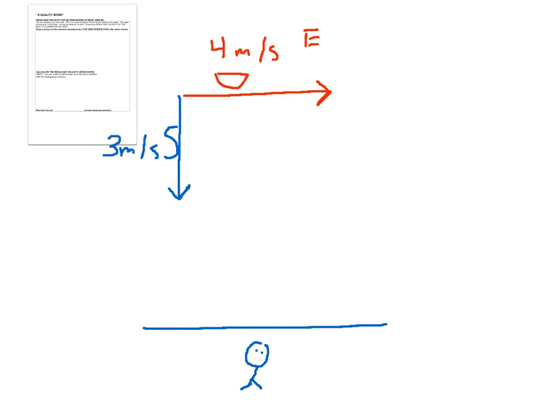If you're on the land right here with a radar gun and you radared the boat, you wouldn't get either of these numbers. Because they're not going the same direction, you can't just add them, or going opposite directions, you can't just subtract them. So how can you solve it?